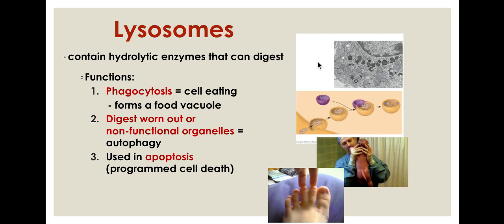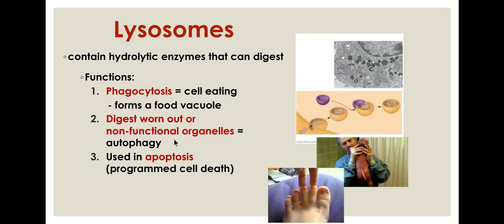It can break down or digest non-working organelles. Just as you think of a human body aging and parts and pieces becoming less useful, it happens even at the cellular level as the cell ages. So we need to get rid of the non-working organelles so that we can get working organelles replaced and repaired, or if the cell is old, that it would then die.